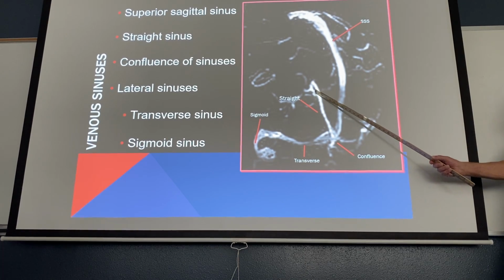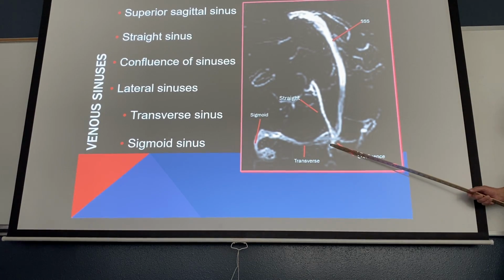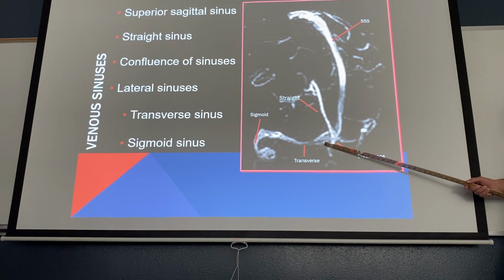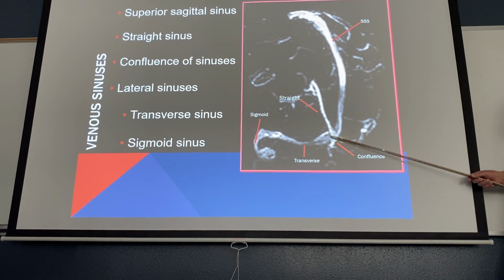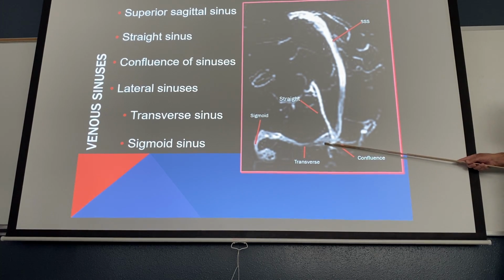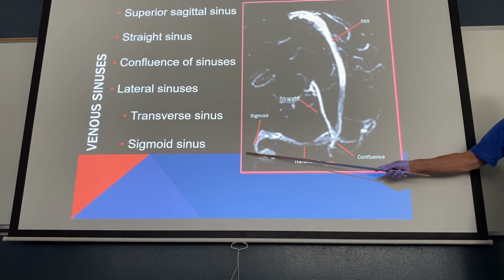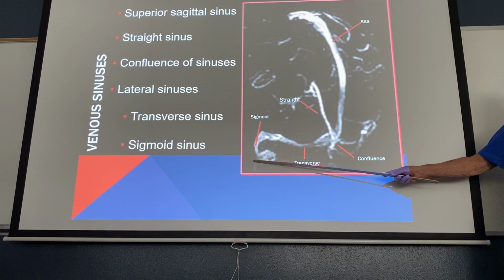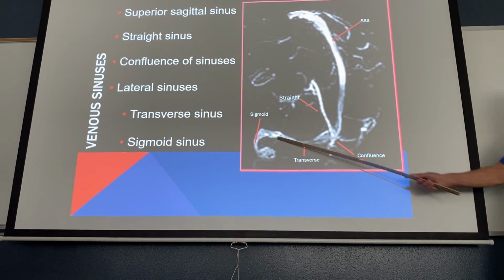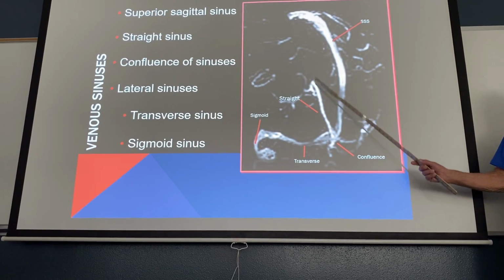Up here is the straight sinus. Where they come together is going to be the confluence of sinuses. That's seen on this one side over here. Then what is seen is transverse sinus. It makes an S turn, forming sigmoid. So it kind of gives you a whole roadmap, perhaps the best we can give you from that standpoint.